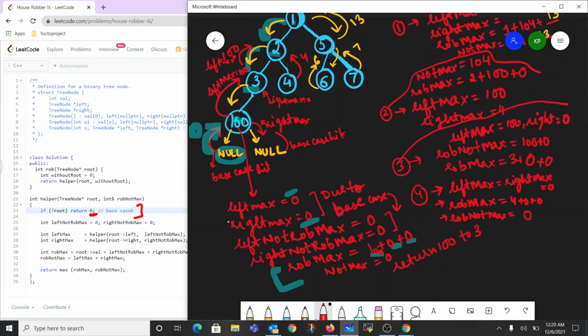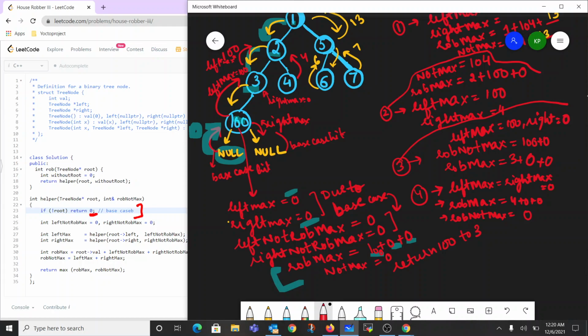Now rob max value in the case of 3 is 3 plus 0 plus 0, basically a root, then left not rob max and right not rob max. Because earlier in the case of 100, our rob not max value was simply 0. So when this particular value is passed here, it will simply be 0 only.